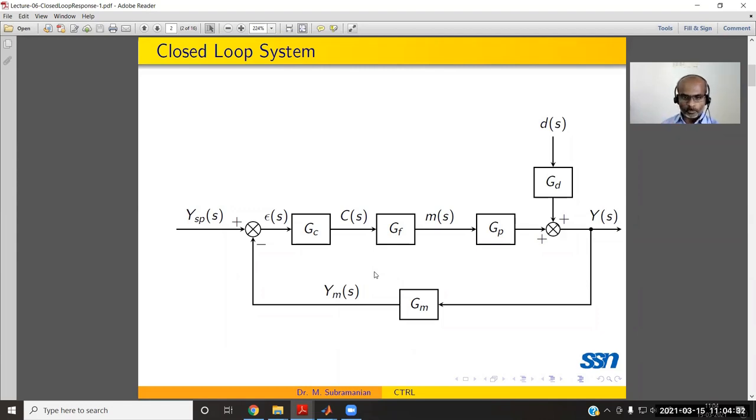Say, if you change the set point to a value of 1, the overall output also should reach a value of 1. There is an expectation. There is a meaning of changing the set point. We are always asking how fast and how good the system is in tracking the set point. This is what is called set point tracking, or the servo problem.